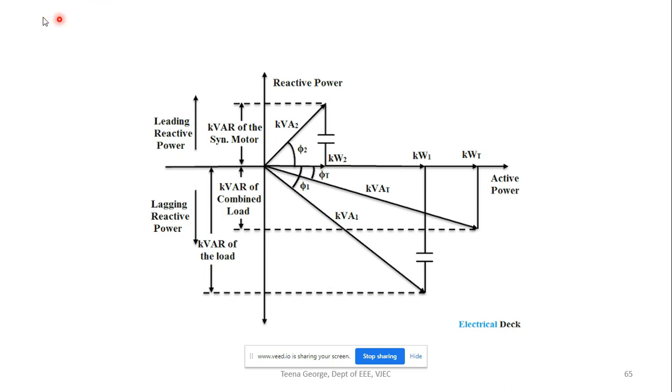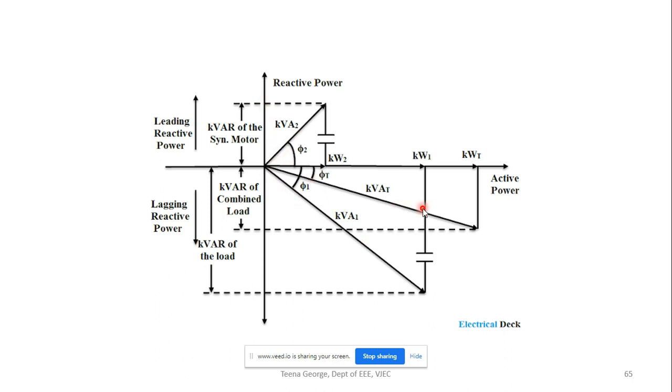Here, the detailed vector diagram is shown. Initially, the current vector, or kVA, is kVA1. When the synchronous motor is applied, it draws a current, or kVA2, which is the rating of the motor used for power factor improvement. So it has an active component as well as a reactive component, kW2 and kVAR of the motor.